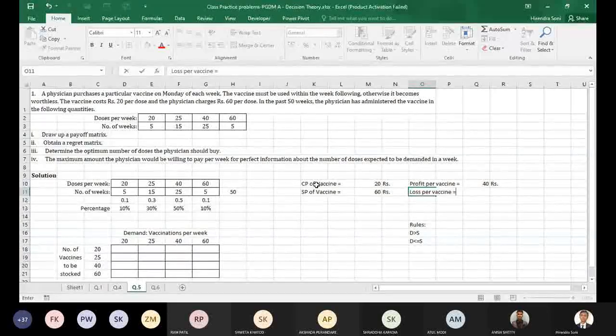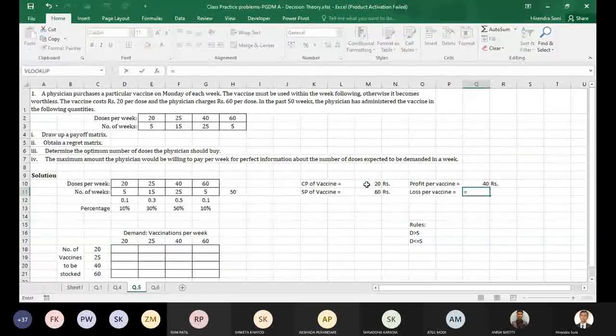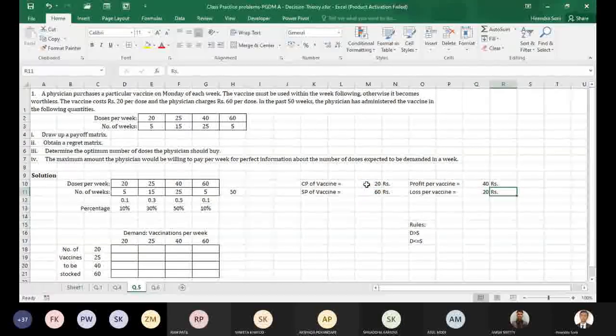The loss will be the cost price of the vaccine because it cannot be used again in the next week. So whichever vaccine is unsold, that is the money lost. Are we okay up to here? Yes, sir.